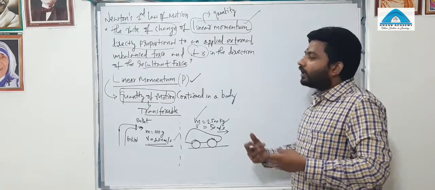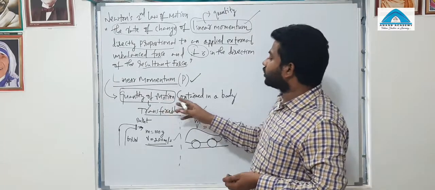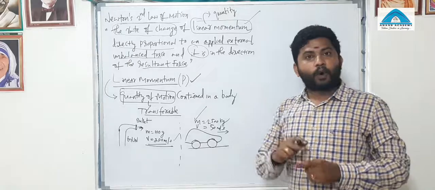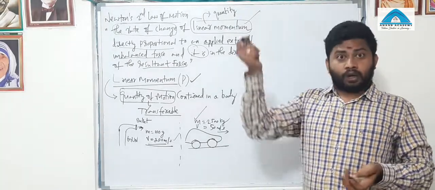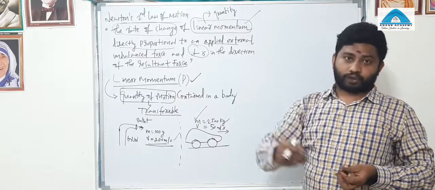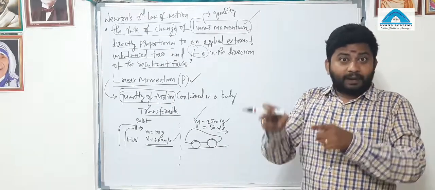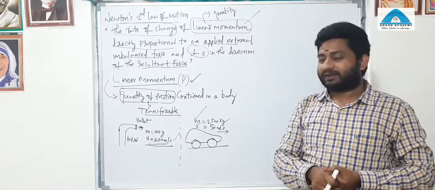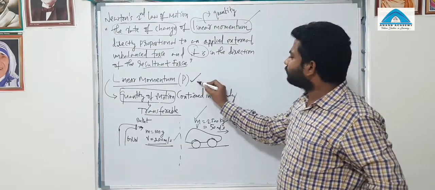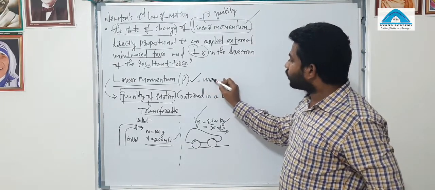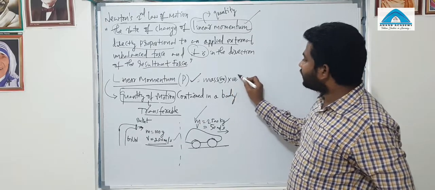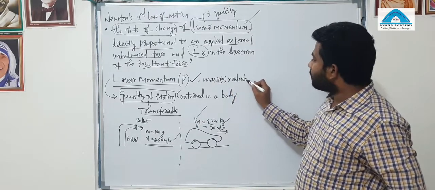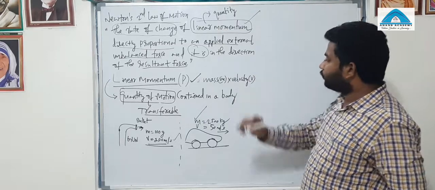So, when we talk about the quantity of motion contained in a body, both mass and velocity play an important role. It's not like only one quantity plays an important role. Both do. That's the reason the linear momentum is written as the product of mass and velocity of the moving body.